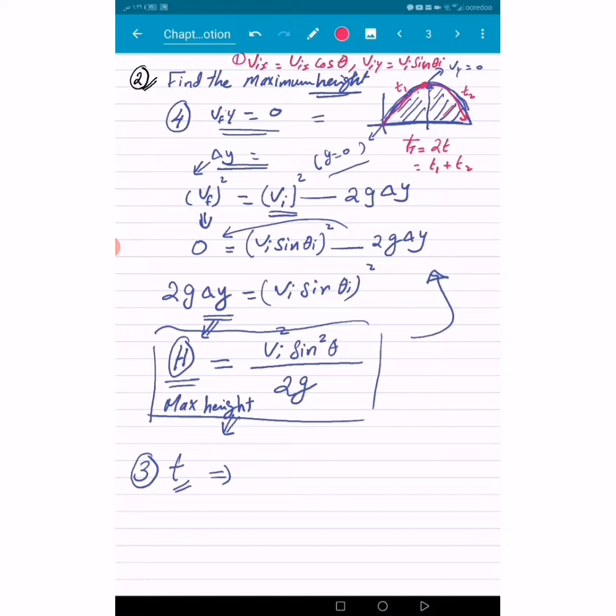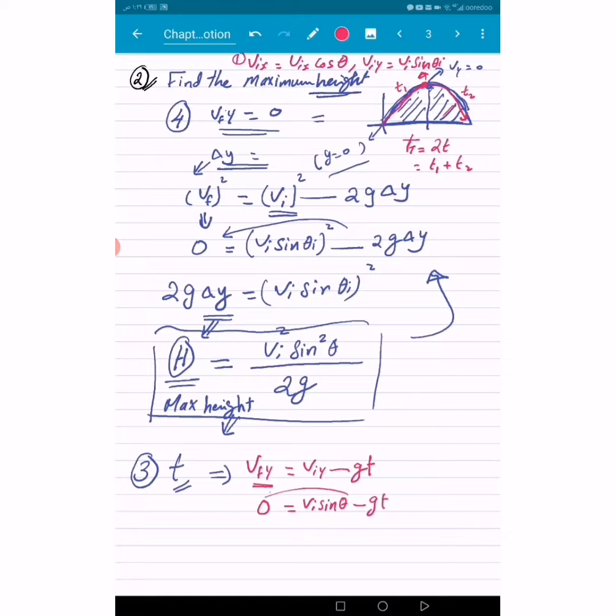From the first equation, it's working in Y, so V final Y equals V initial Y minus GT. Vy at this point, to reach the maximum, is equal to 0. V initial Y is V initial sine theta, minus GT.